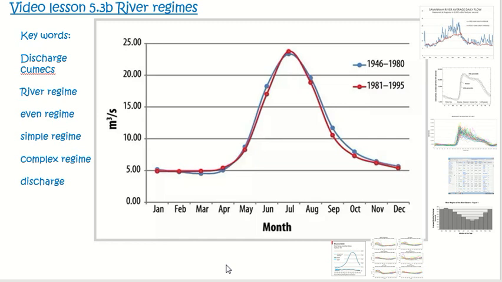A couple of possible answers I might be expecting: one is an increase in inputs or precipitation, maybe from a monsoon season. Another possibility is that snow melt and glacier melt tends to increase in summer, so that might cause a higher input into the river channel and a spike in the discharge, which would make sense as well.